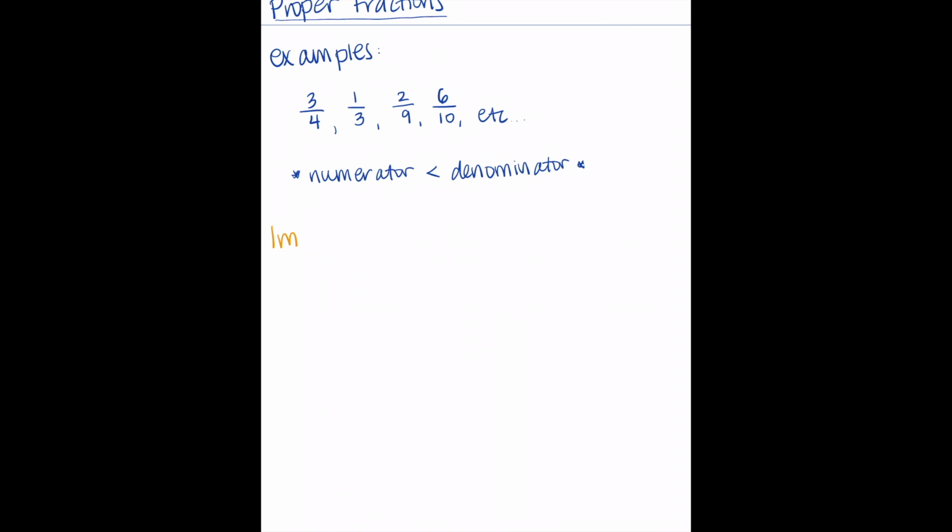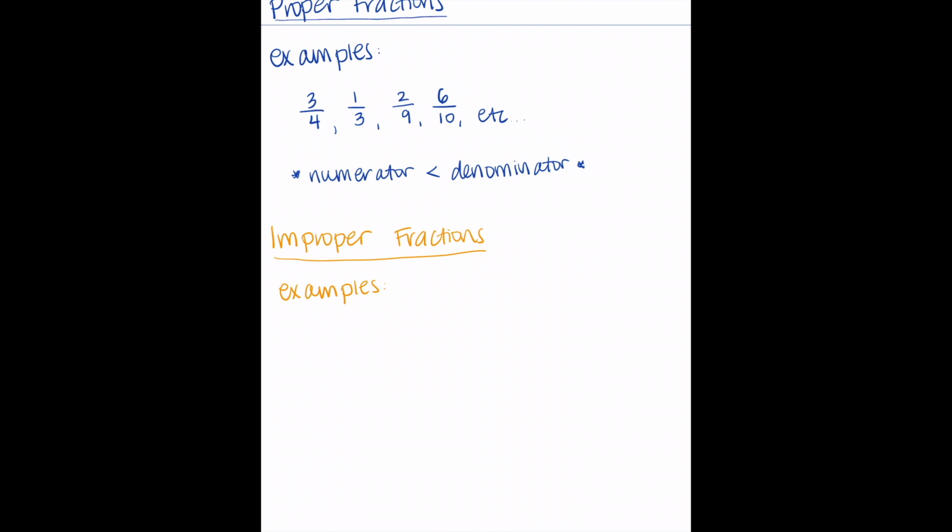Now that we've gone over what we already know, let's go out of our comfort zone now and introduce the two other new types of fractions that we don't have experience with. The first one we're going to go through is improper fractions. So examples of this can vary.